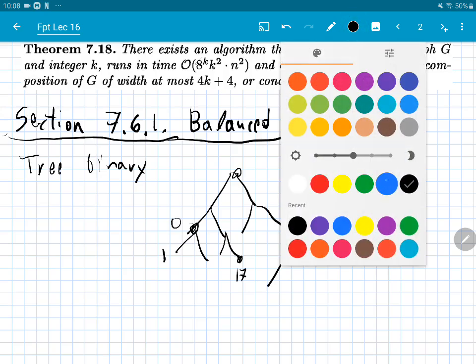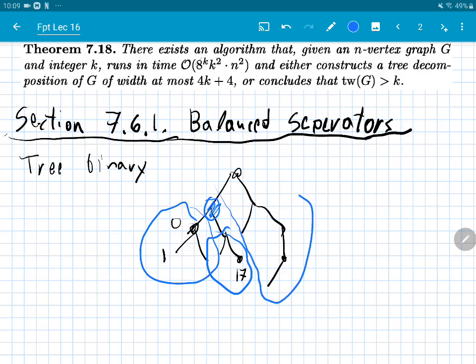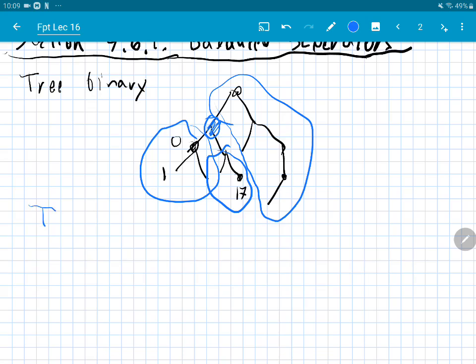And the first observation is that there is always a vertex in a tree such that if we remove it, then there are several connected components remaining. This one, and of course the remaining two outside, right? So 3 components. So let's call them T1, T2, T3. If it's a binary tree, it's going to be at most 3. It might be 2 or 1 in fact, but that's not an interesting case.